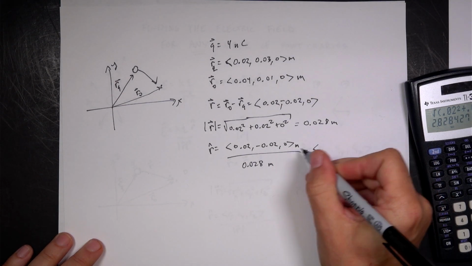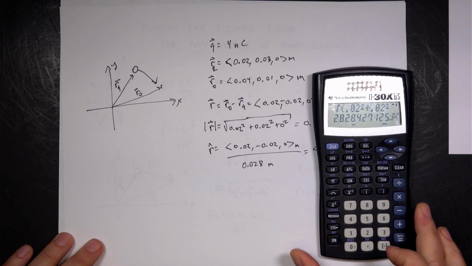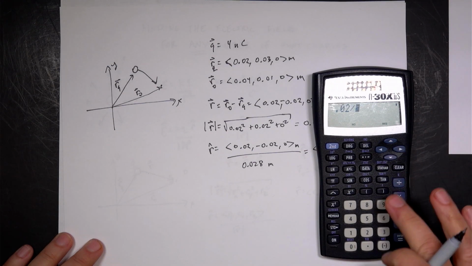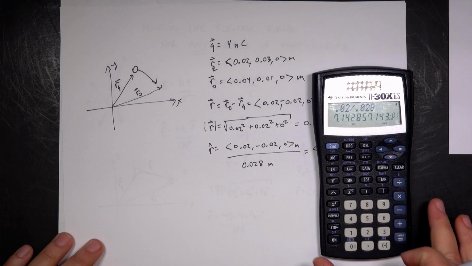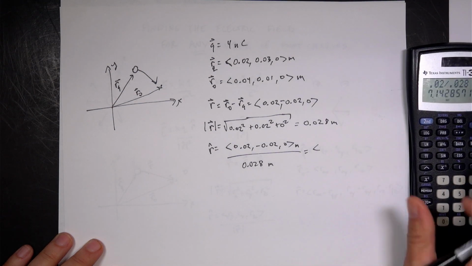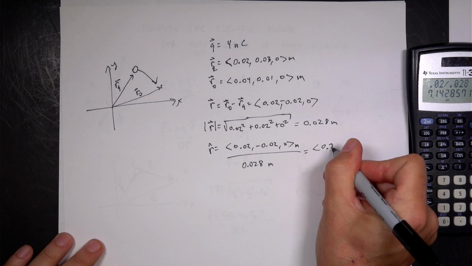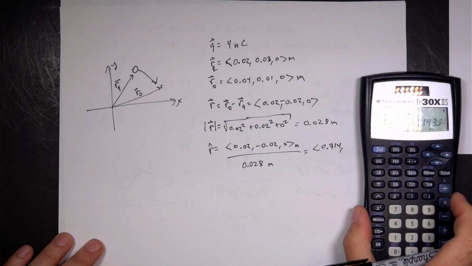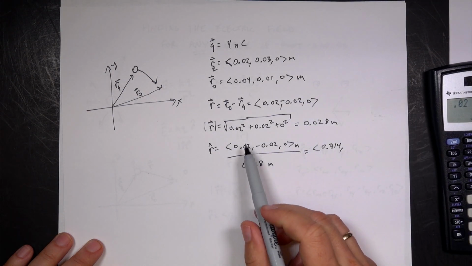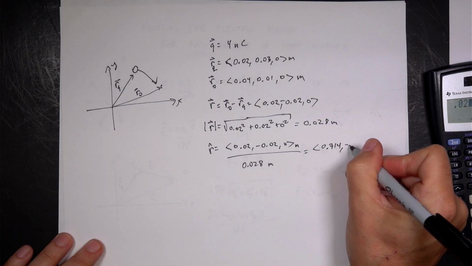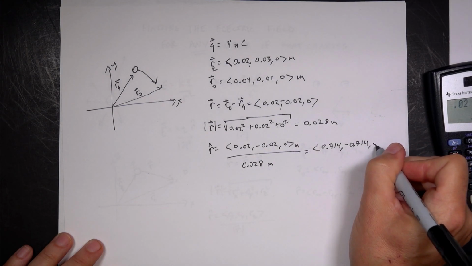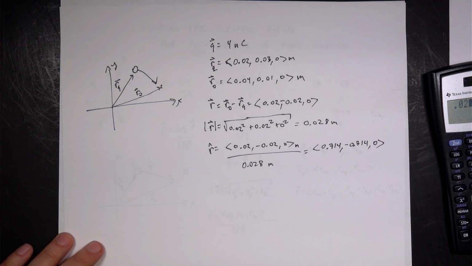So I'm going to take 0.02 divided by 0.028, and I get 7.14 times 10 to the negative 1. So it's 0.714, and then I'll do that for the y, the next 0.02. Oh, it's the same thing, because it's just negative, so I have negative 0.714, and 0 divided by that is 0. It has no units. So there's my r hat.